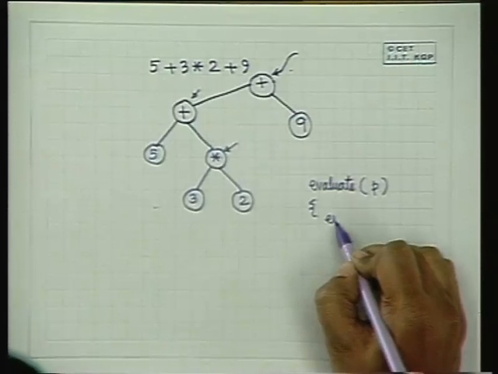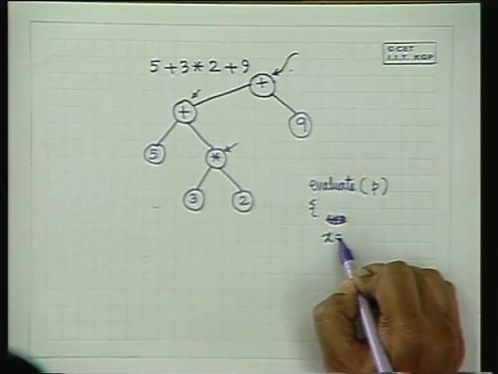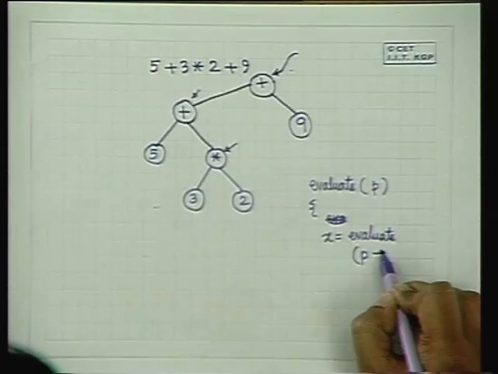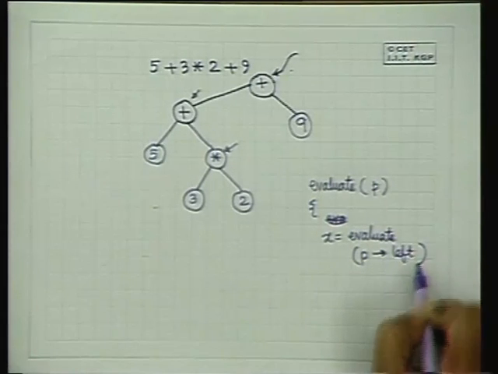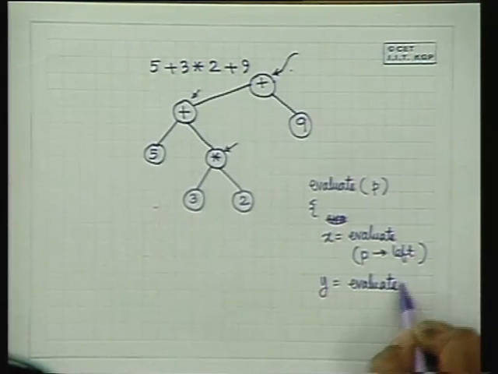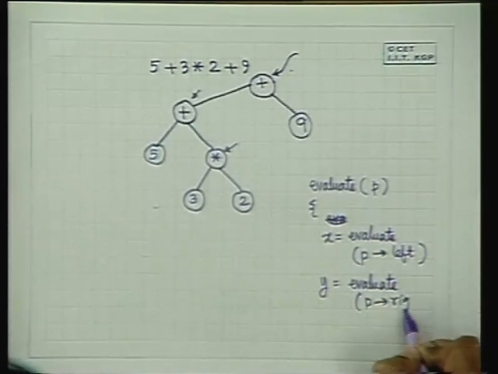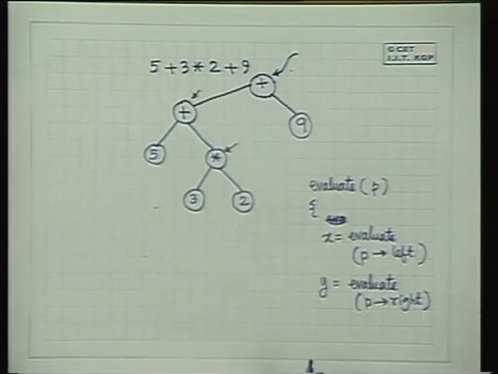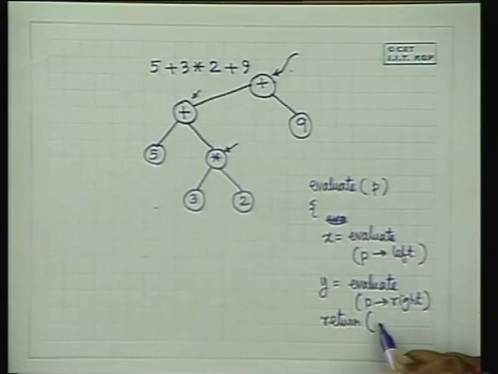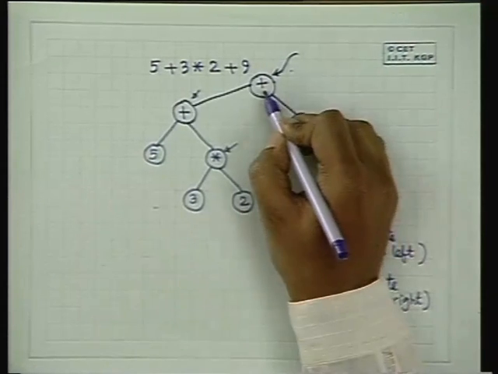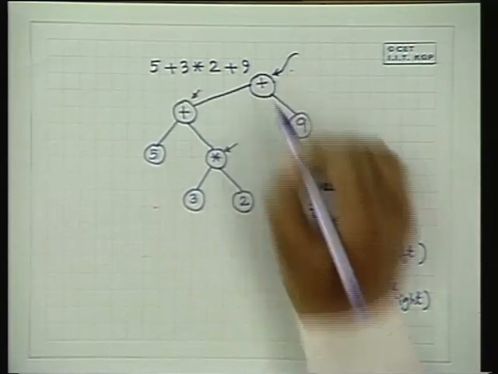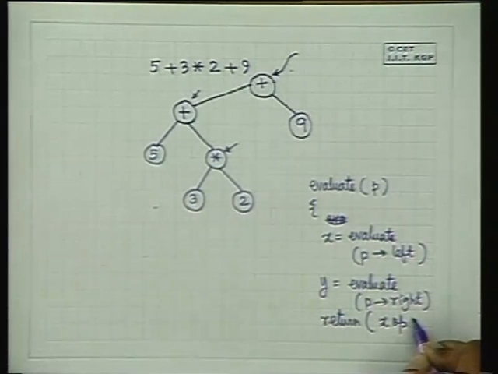Otherwise, X is evaluate P left, Y is evaluate P right, and then return X OP Y, where this operation OP may be plus, minus, multiply, divide, whatever.